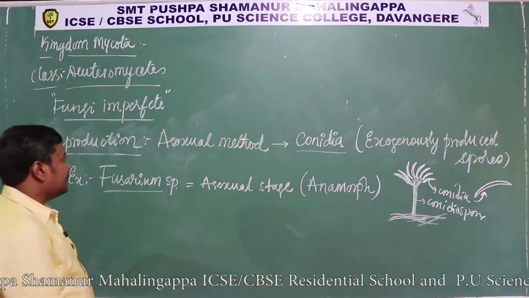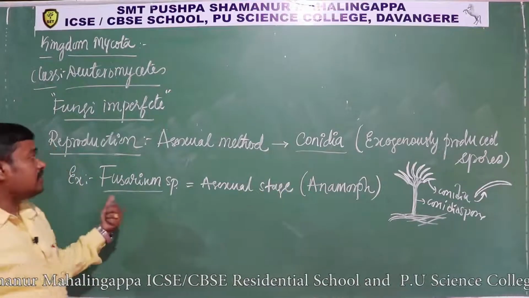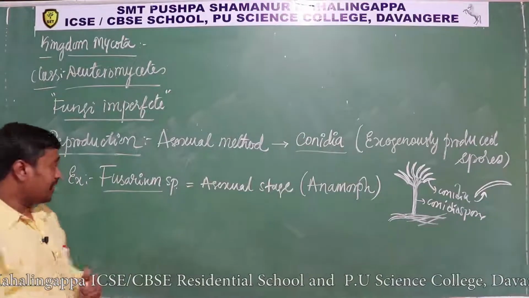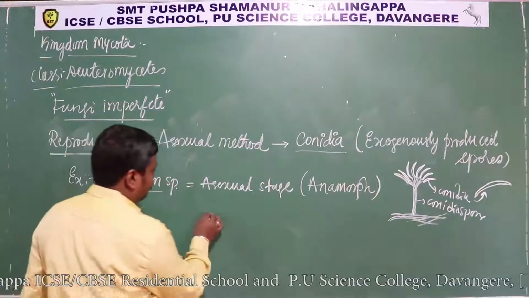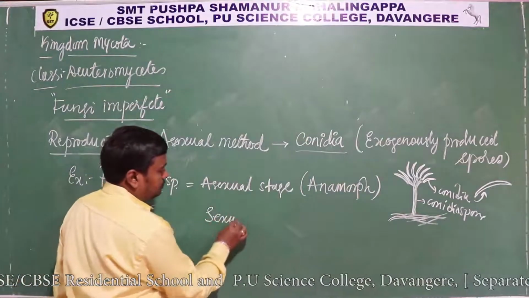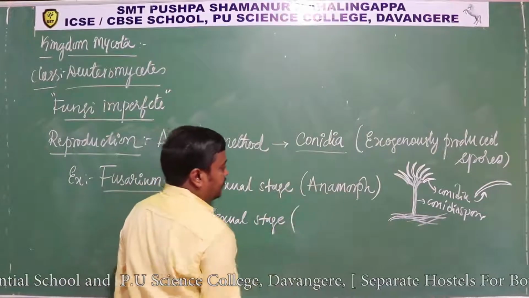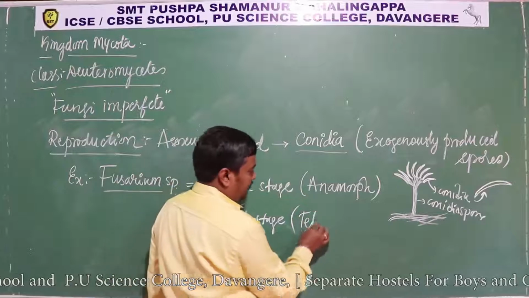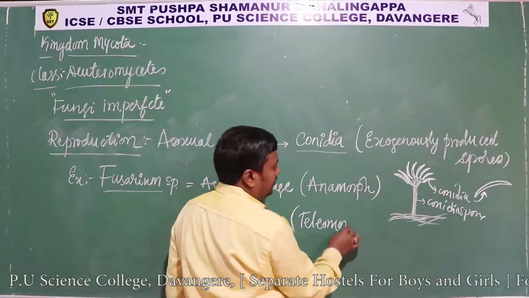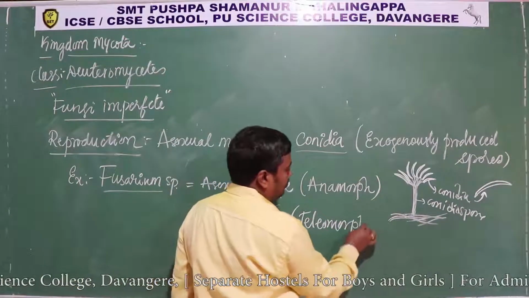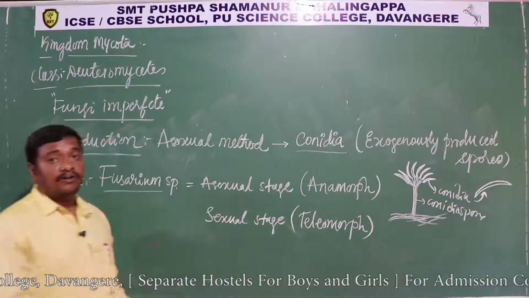Okay, similarly the sexual stage of Fusarium is also known. The sexual stage of Fusarium, or any deuteromycete, is called teleomorph. We call this teleomorph.